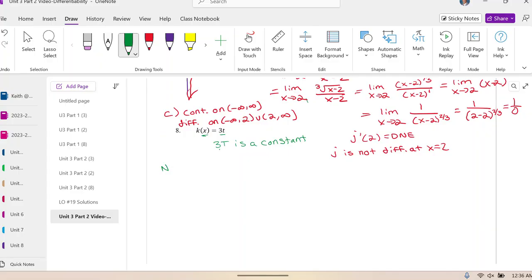So basically there's no potential place where it's not differentiable. Since this is a constant, that means it's a horizontal line, which means it's going to be differentiable and continuous everywhere.